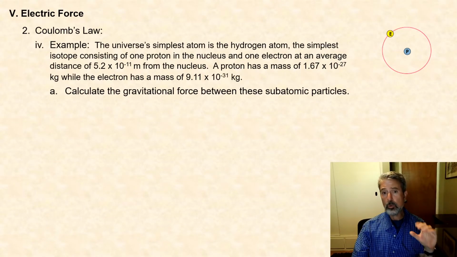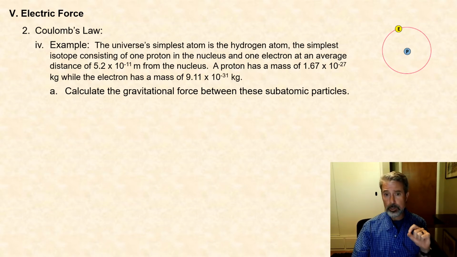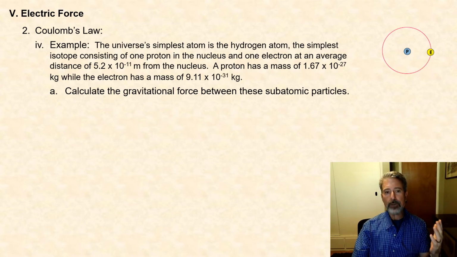So in this slide, we will gain some experience applying Coulomb's law and quantitatively confirm what we have stated previously about the relative size of the electrostatic force in comparison to the gravitational force. In this example, we're told that the universe's simplest atom is that of hydrogen. The simplest isotope of hydrogen consists of 1 proton in the nucleus and 1 electron at an average distance of 5.2 times 10 to the minus 11 meters from the nucleus.